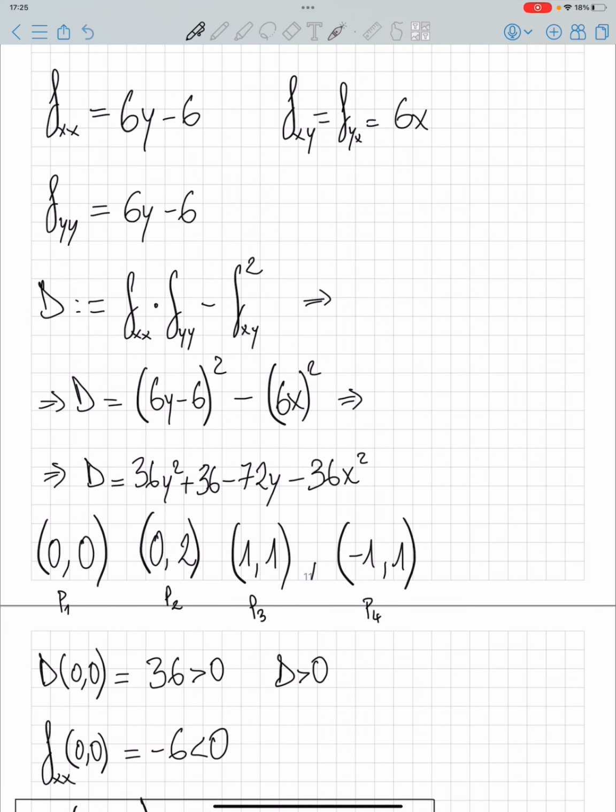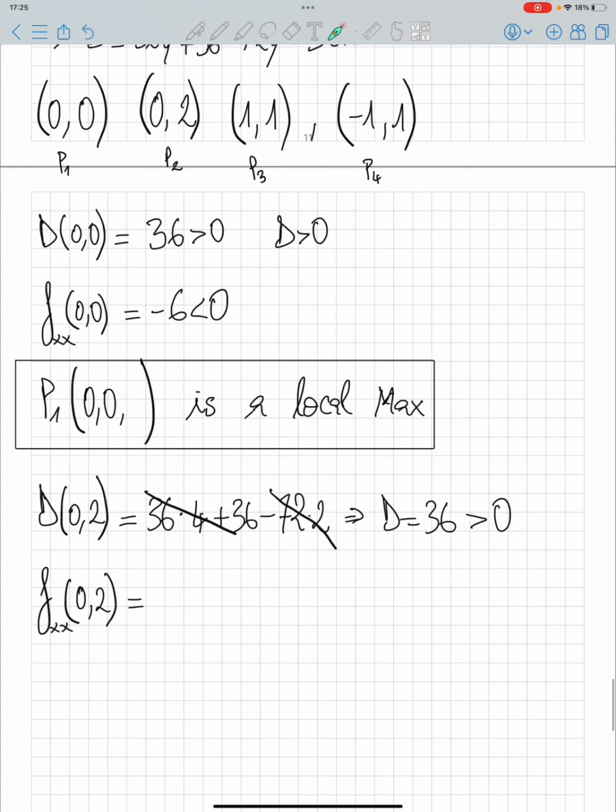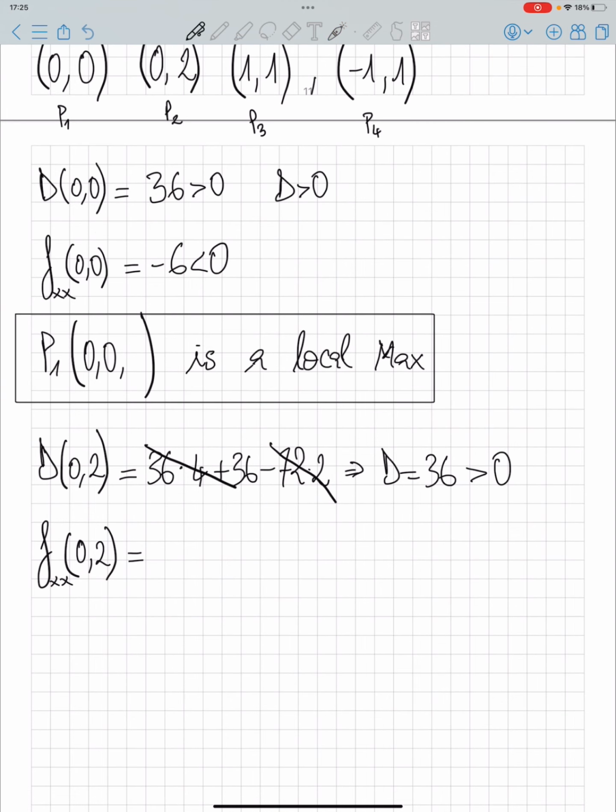We need to plug 0, 2 into our fxx. So if we plug in 0 here, we're gonna have 6 times 2, which is 12, minus 6, which is 6. In this case, fxx(0, 2) is 6, which is greater than 0. We have instead here a local minimum because fxx is greater than 0, right?